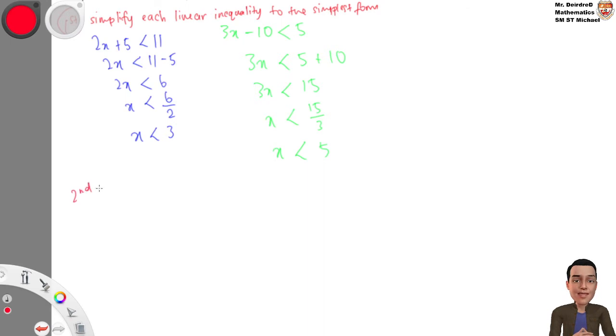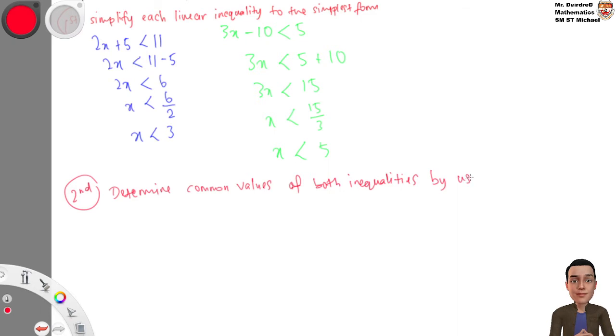So your second step, you need to determine the common value of both inequalities by using a method based on number line.